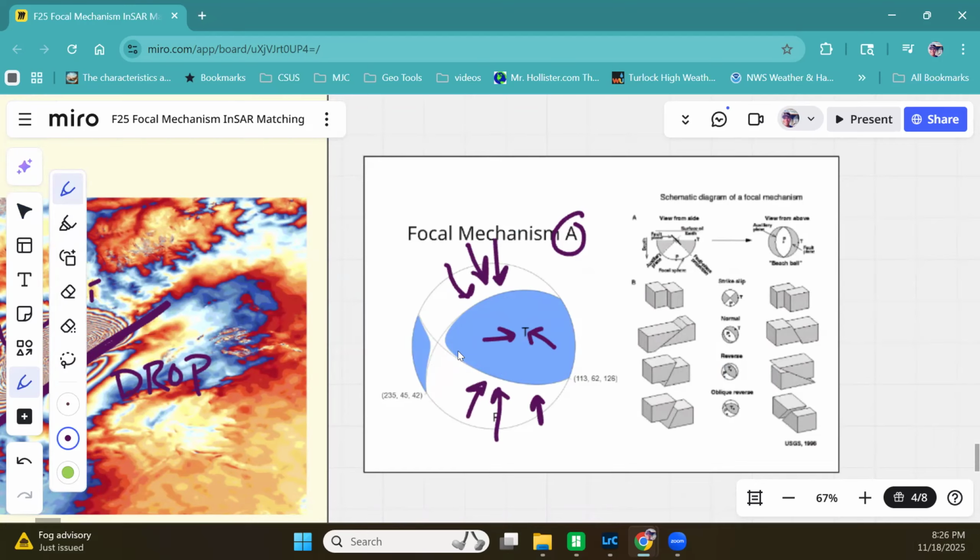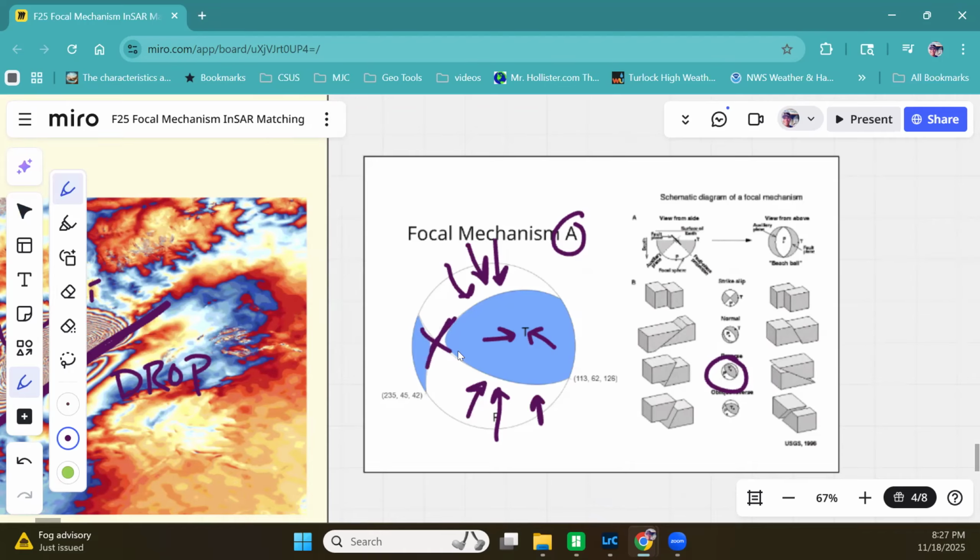And remember, anytime you have that blue on the inside, in the middle of the beach ball, I should say, and it looks like a cat's eye, that is going to be more reminiscent of a reverse fault. Now, you'll also notice how we have this little crosshair happening right here.